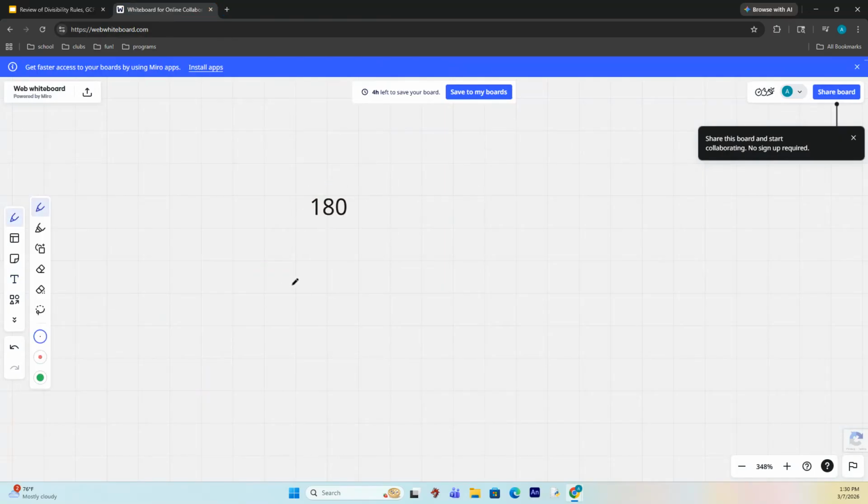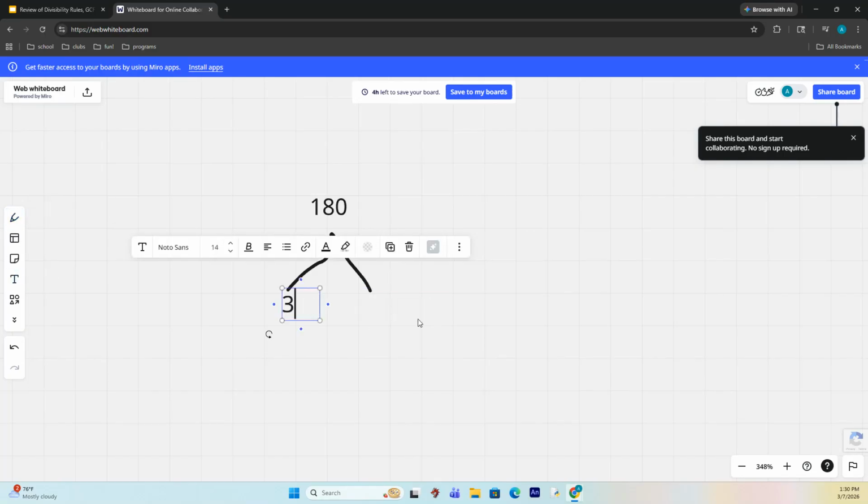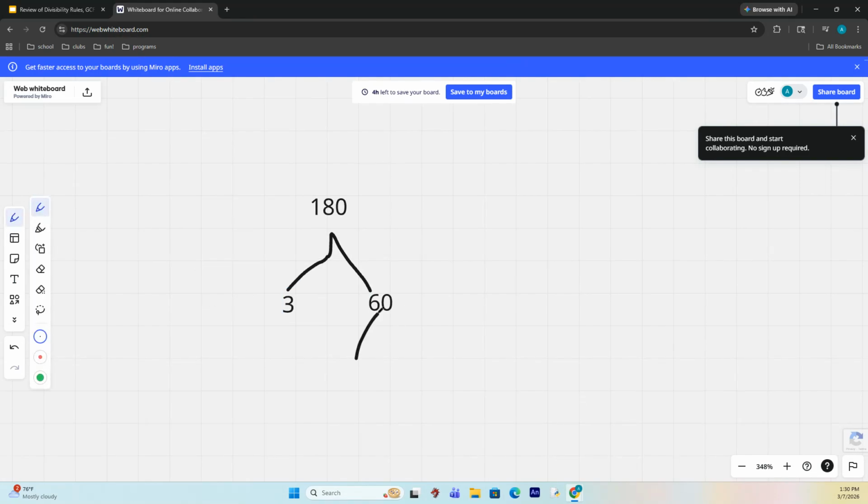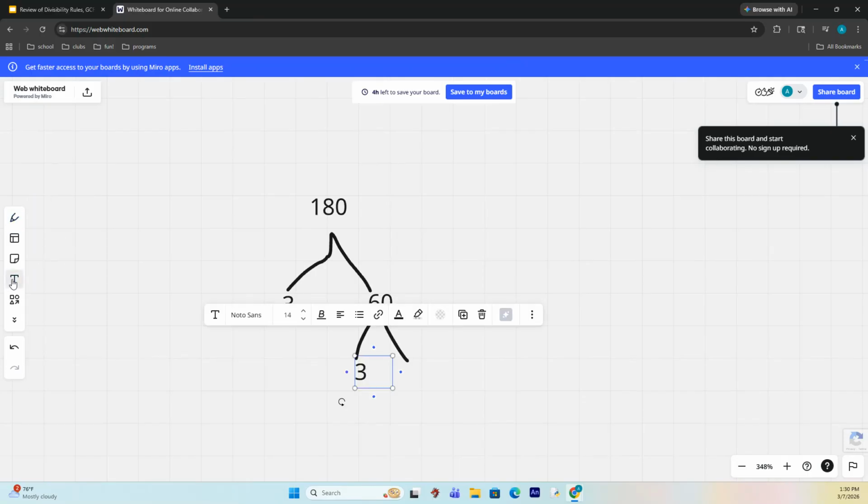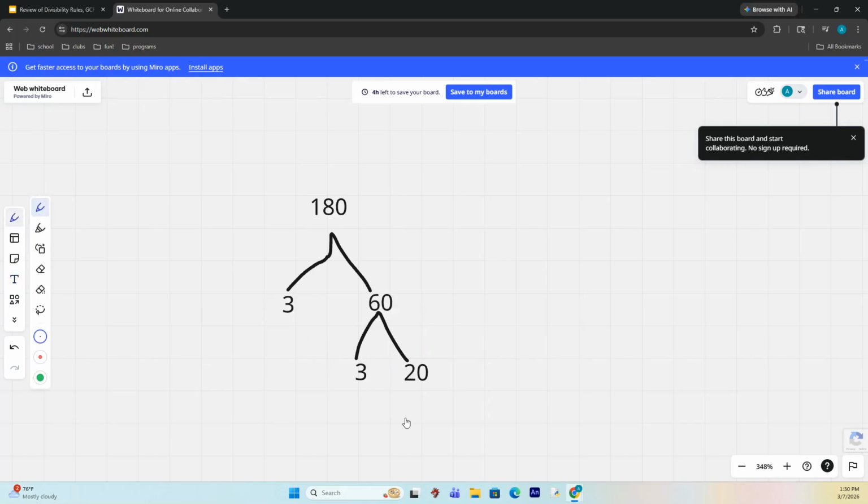So 180 simplifies into 3 and 60. Simplifying numbers into less complex ones, such as using 3 instead of, say, 36, allows you to divide a lot faster and a lot more certainly. This divides into 3 and 20, and you would simply keep going until nothing is divisible anymore. So 3 obviously is prime, so you can't divide that any further.